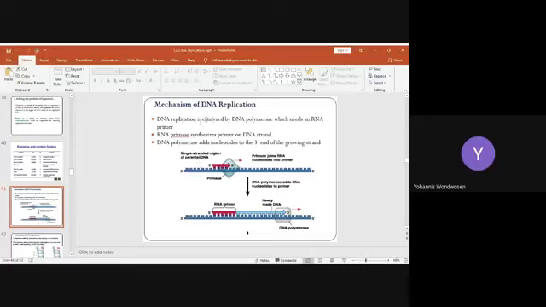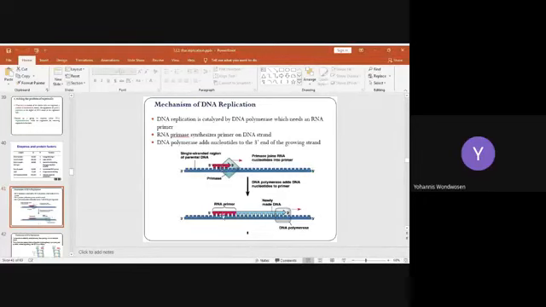So when we see the mechanism of DNA replication, it is catalyzed by DNA polymerase, which needs an RNA primer to start, because it requires a free 3' OH group. So that 3' OH group is obtained from the RNA.